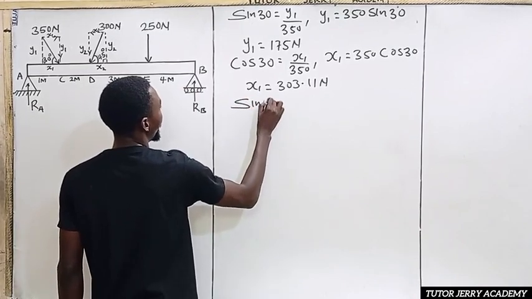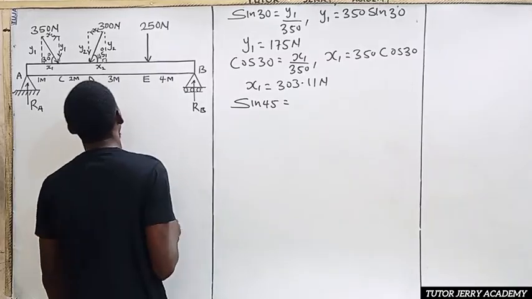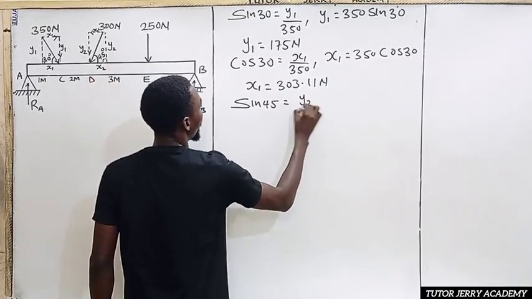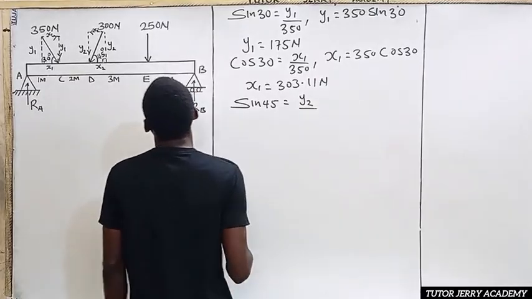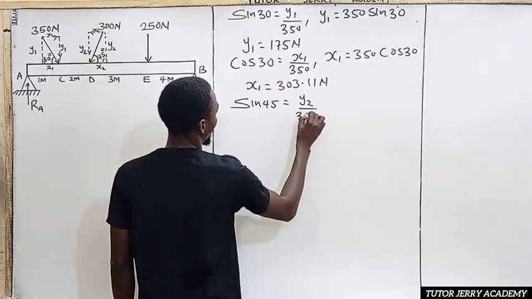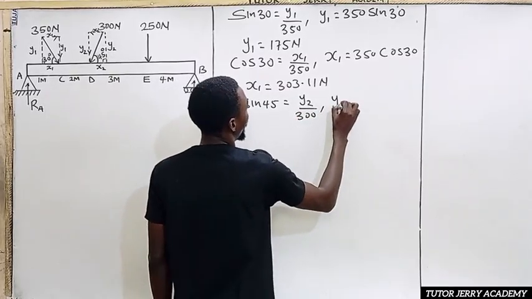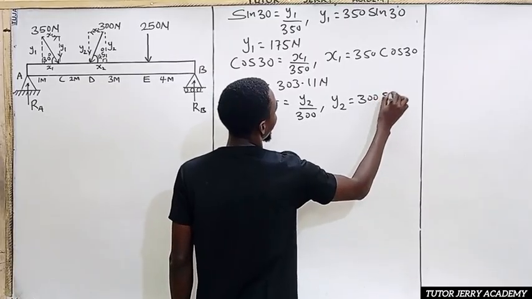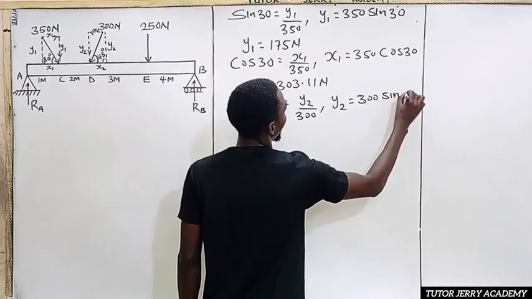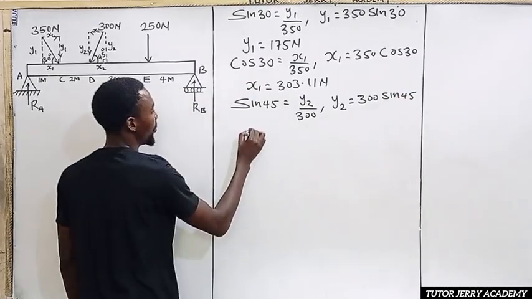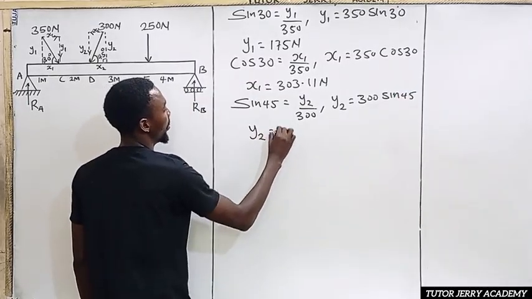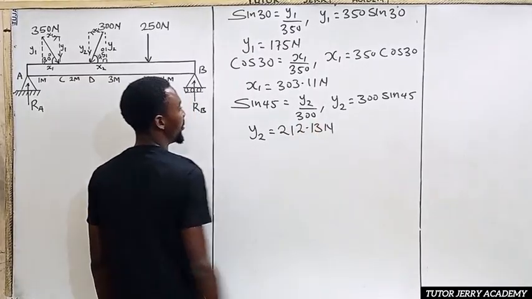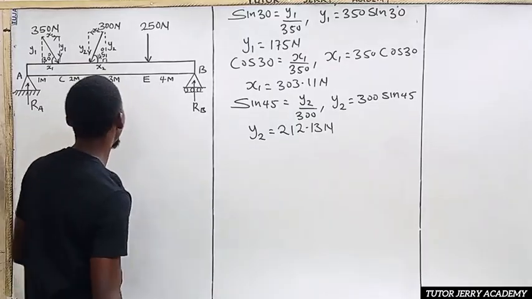Sine 45 will be equals to opposite. Our opposite is Y2. So we are going to have Y2 all over 300. So our Y2 will be equals to 300 sine 45. So now our Y2 will be equals to 212.13 Newton. The next one is cos.